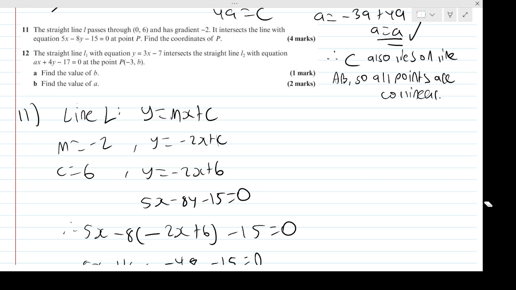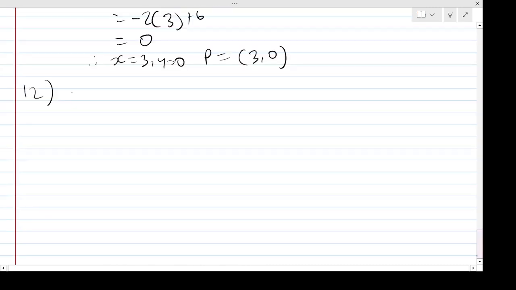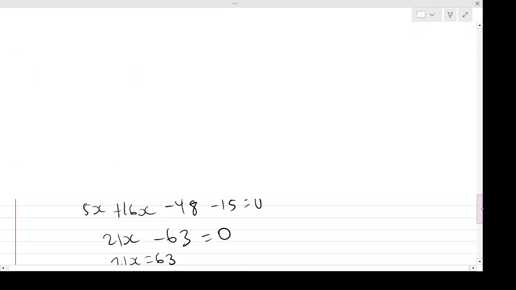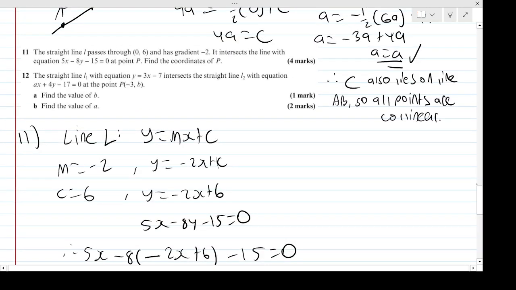So okay, part A. Well, again, they're giving us the two lines quite nicely, the two equations. That's the first line, that's the second line, and they intersect at this point here. Okay, if they intersect at a point, remember, it's like simultaneous equations, the two lines equal each other at this point, right?